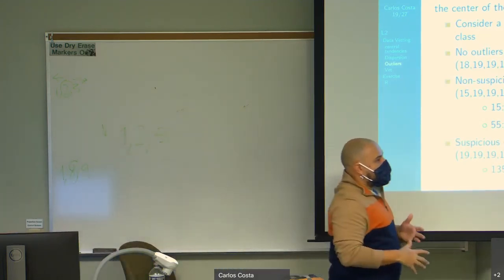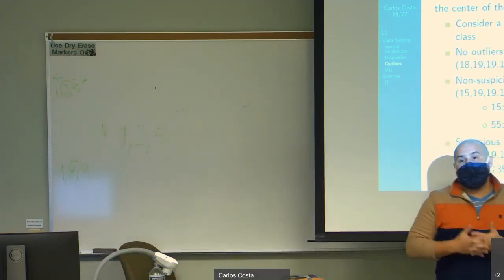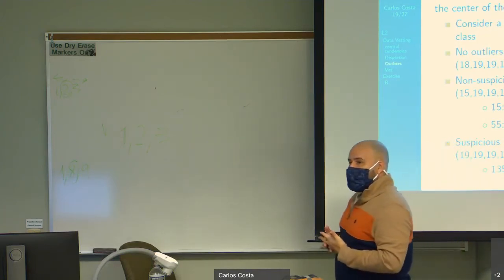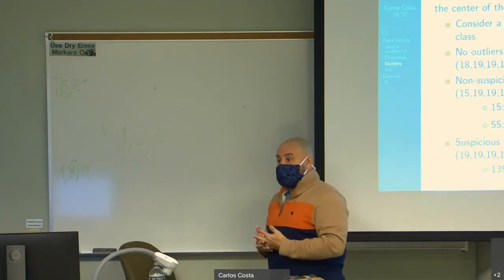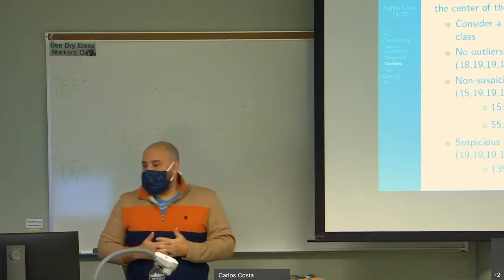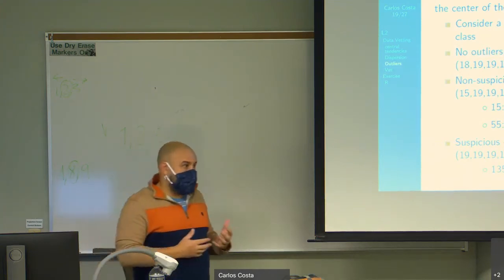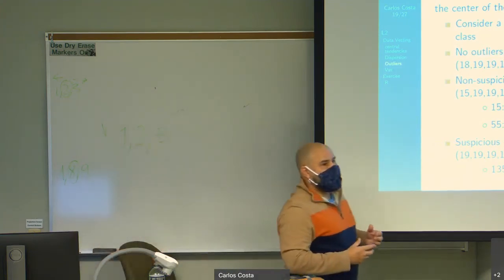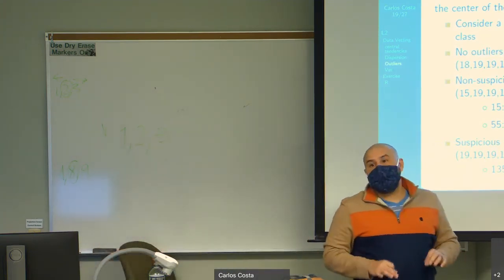Now, if you've got an outlier, the first question you have to ask yourself is: is this a suspicious outlier versus a non-suspicious one? So what is a non-suspicious outlier? A non-suspicious outlier is an outlier that is clearly an outlier.